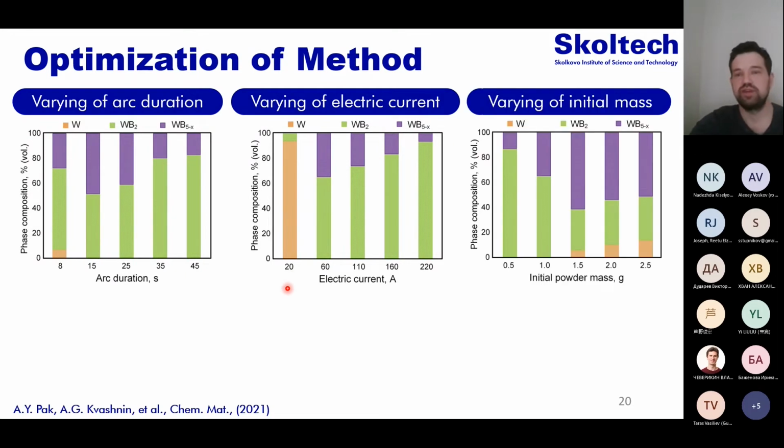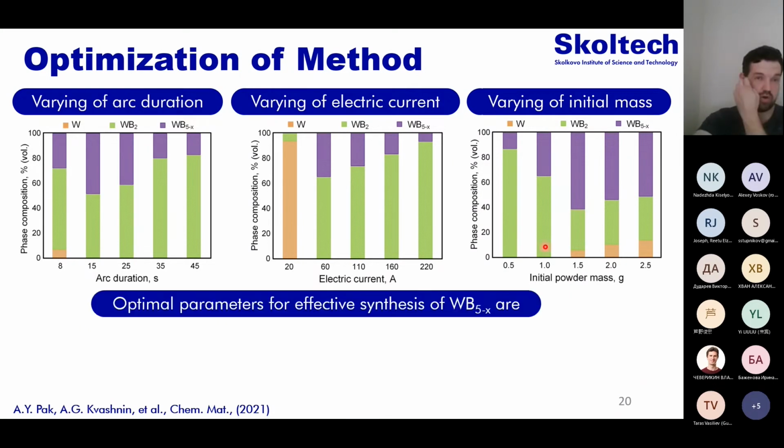And then we also can vary the mass of the initial tungsten boron powder, which we can load in our experimental equipment. You can find from this that if we use 1.5 gram of initial powder, we will obtain a high amount of tungsten boron 5, about 60%.